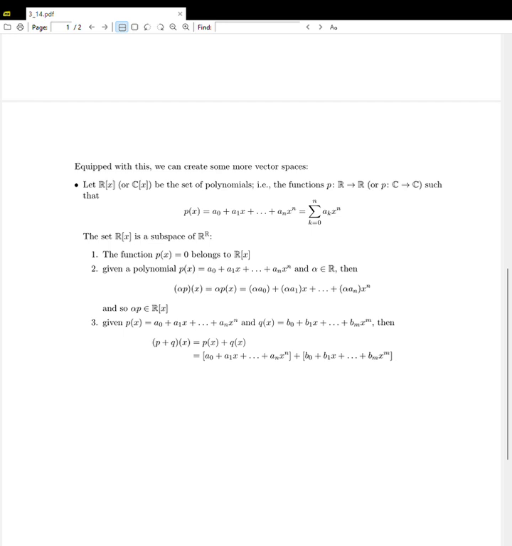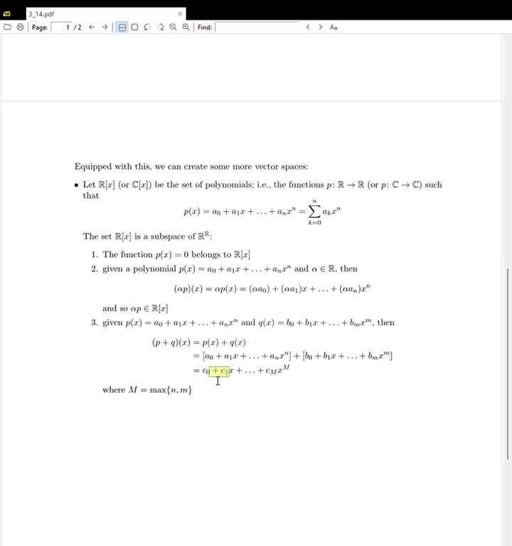Alright, and when you add them up, well, then everything is going to line up, and we will go ahead and get something that looks like this, where the capital M there is going to be whichever of the n and m is bigger. So you just find the biggest one, and then when you add them all up, all of the terms will line up and add up, and you'll just get something that looks like this.